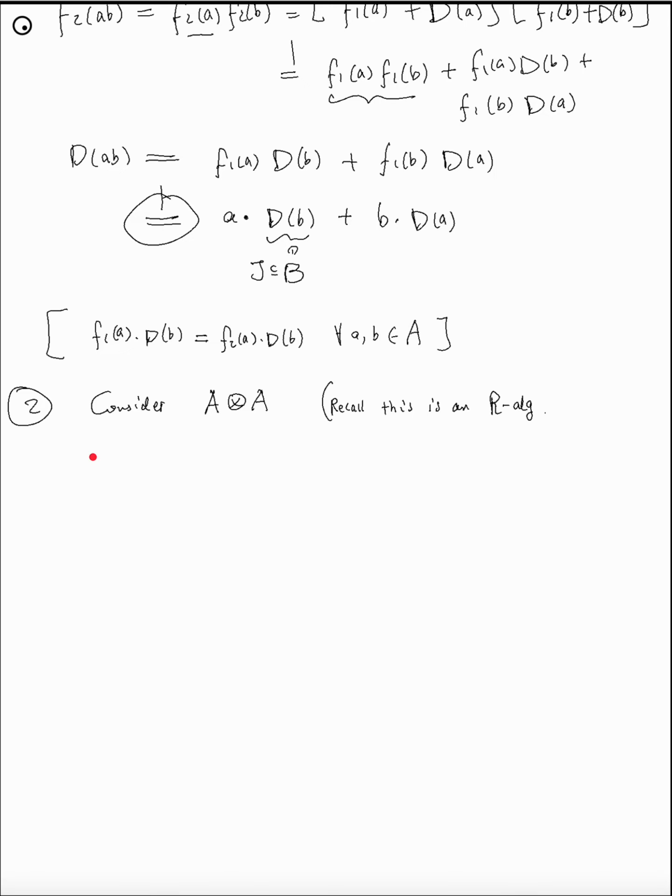So we have multiplication, and we have our linear map, or if you want, there is a ring homomorphism.